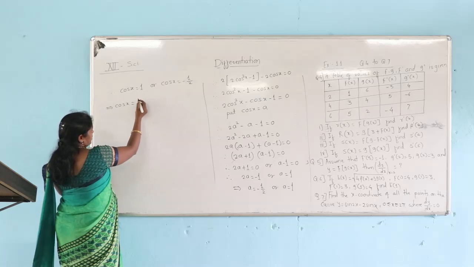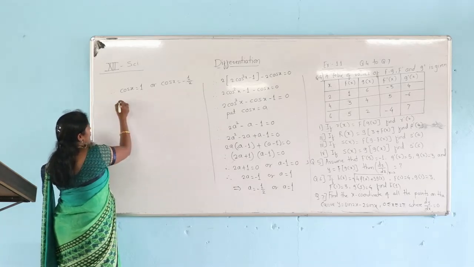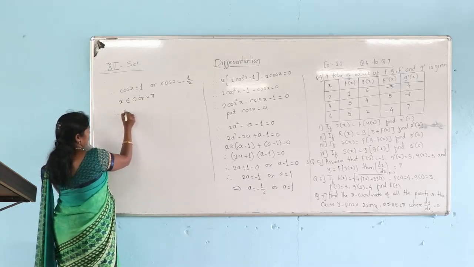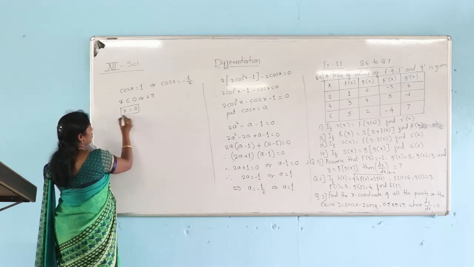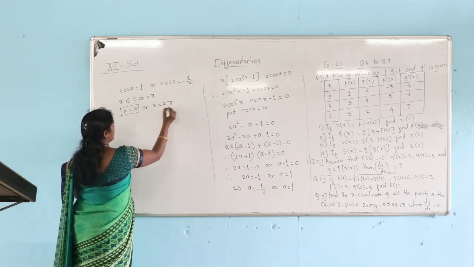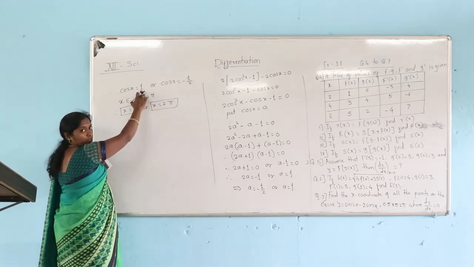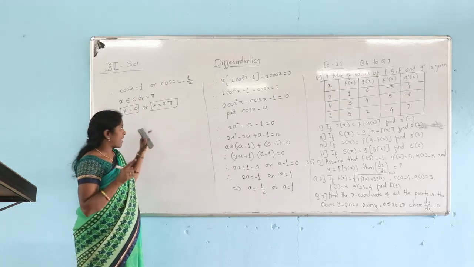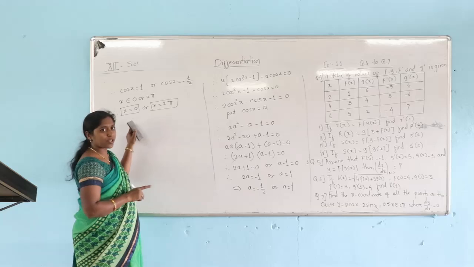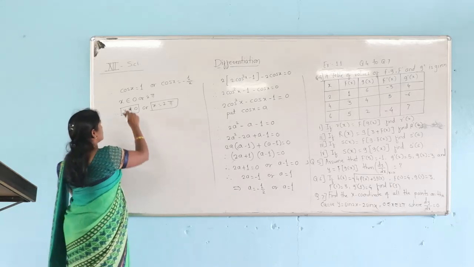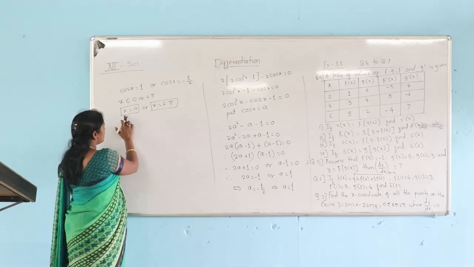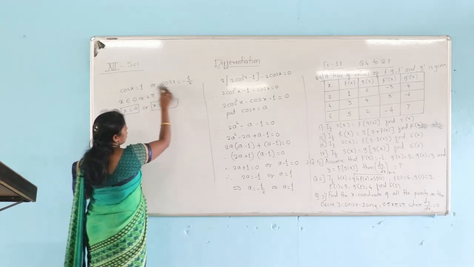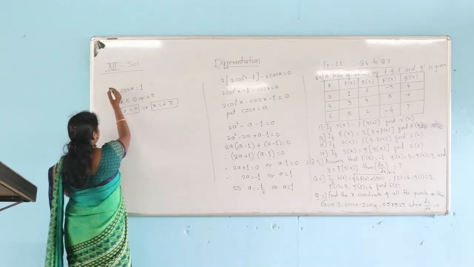So we take x is equal to 0 or x is equal to 2 pi, because cos 0 is 1 and also cos 2 pi is 1. Now cos x is equal to minus 1 half.